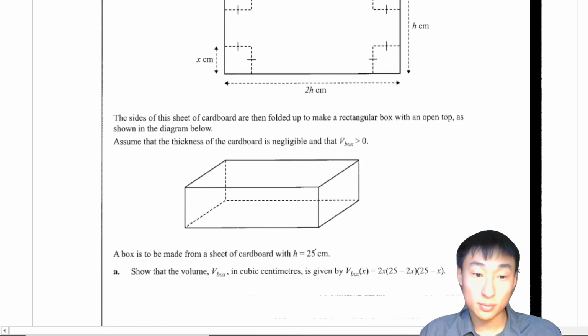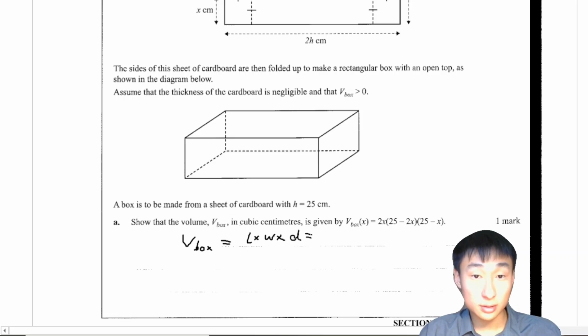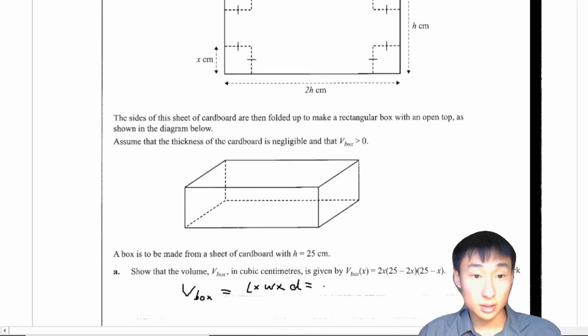A box is to be made from a sheet of cardboard with h equals 25. Show that the volume V box in cubic centimeters. Okay, so that's just V box is equal to length times width times depth. So length is 2h, which is 50, minus 2x.